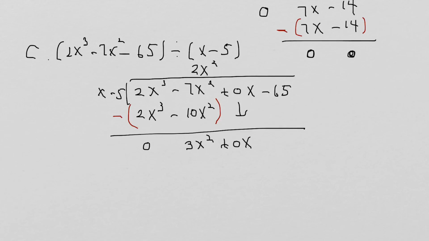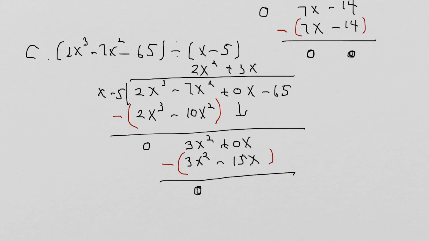Now x to become 3x squared, you're going to multiply by positive 3x. 3x times x is 3x squared, and 3x times negative 5 is negative 15x. And when you subtract this, you get 0 from the square, and you have 0 minus negative 15, which is positive 15x.